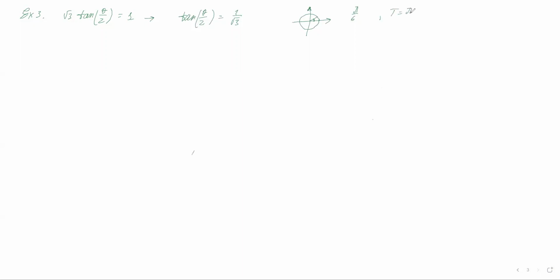So we can write down that theta over 2, which is the argument of tangent, is equal to pi over 6 plus pi k. Again, because the period here is just pi, we're not adding 2 pi k, we're adding just pi k. And k, of course, is going to be an integer.